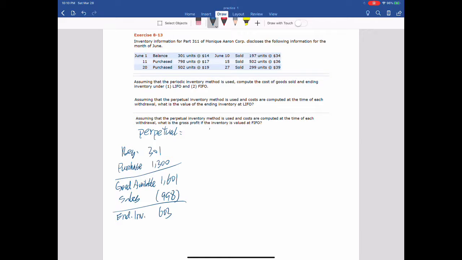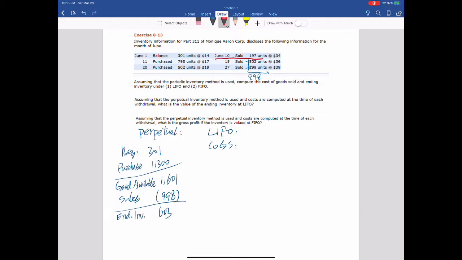First, LIFO. For the perpetual inventory system, we should track the timing of the purchases and sales. The total number of units sold is 998. We should consider the sales separately because the timing of their sales may be before or after some purchase. So for cost of goods sold, LIFO, last in, first out, the first sale is on June 10th.